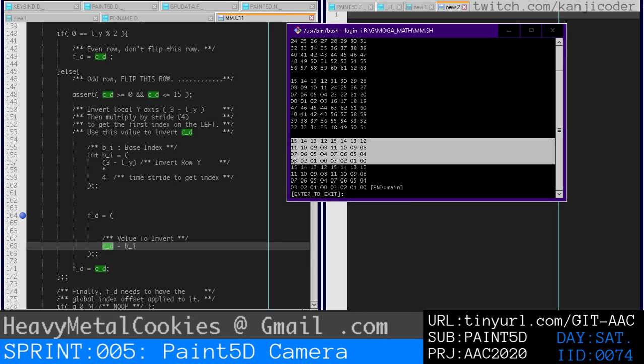Zero, 1, 2, 3. So if this is 3, 3 minus 3 is 0. This is 2, 3 minus 2 is 1. 3 minus 1 is 2. And then at 0, 3 minus 0 is 3. So 3, 2, 1, right? So we have that correct index here.